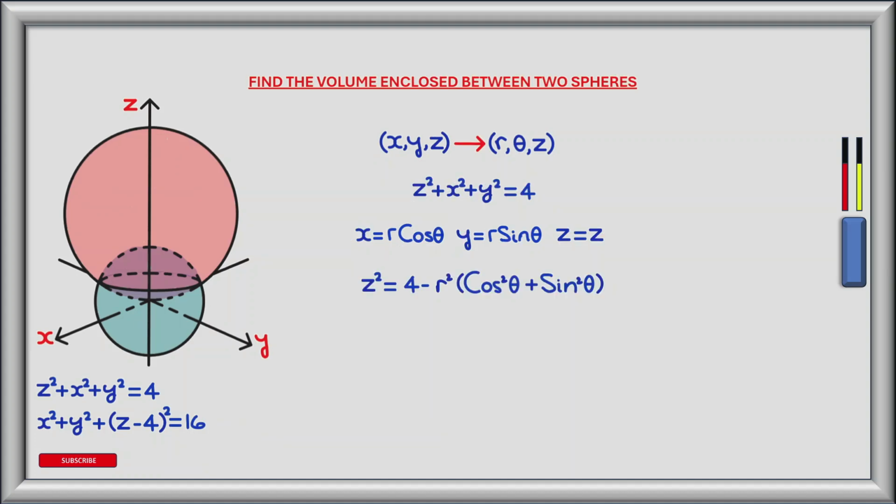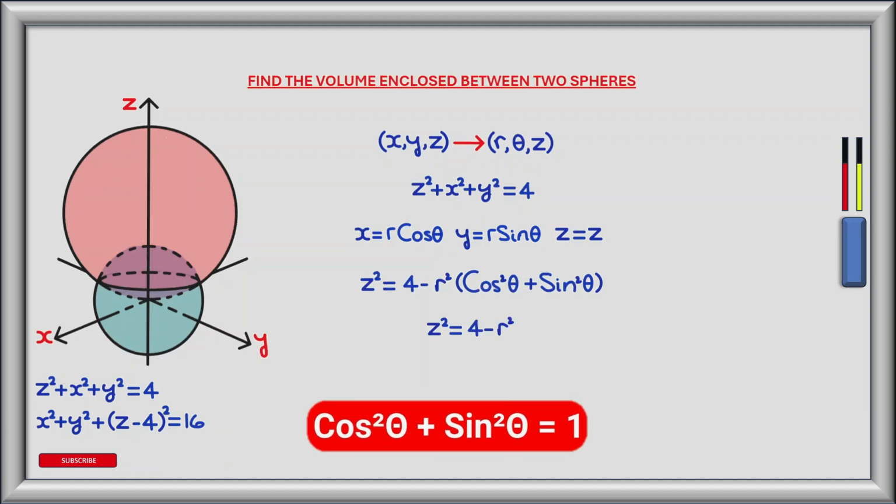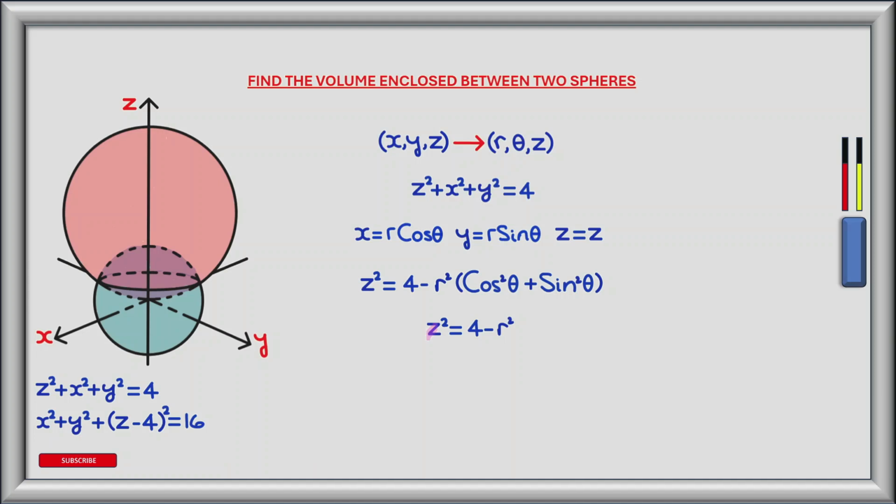After making the substitution, we get z squared is equal to 4 minus r squared times the bracket of cos squared theta plus sin squared theta. And using the trig identity where cos squared theta plus sin squared theta is equal to 1, we have z squared equals 4 minus r squared.